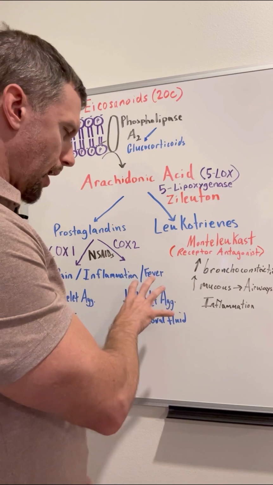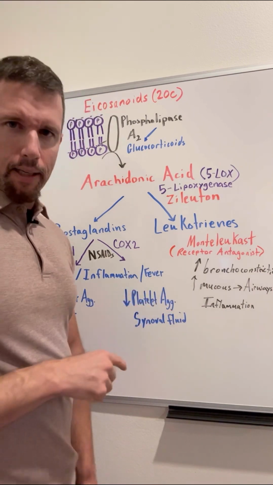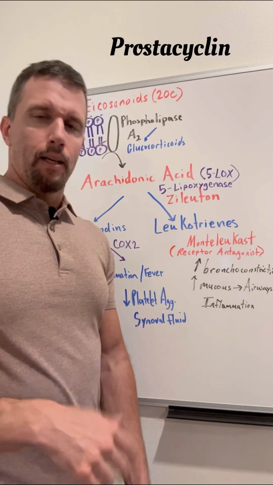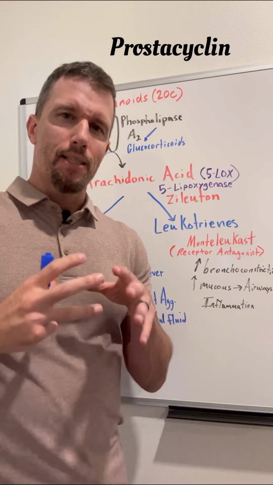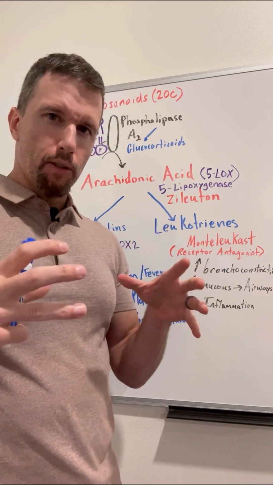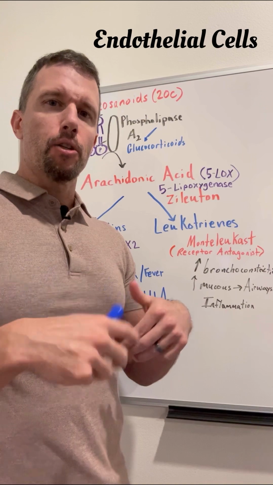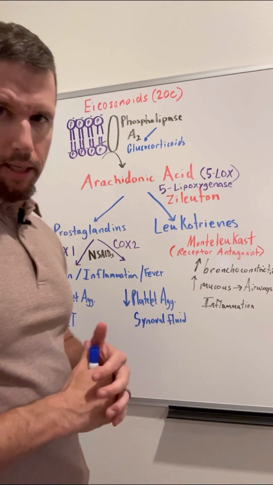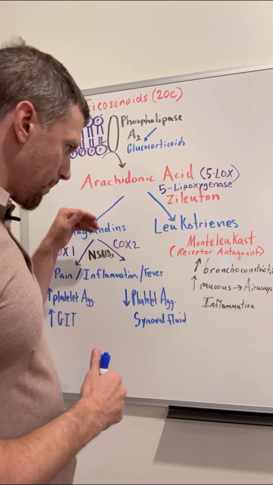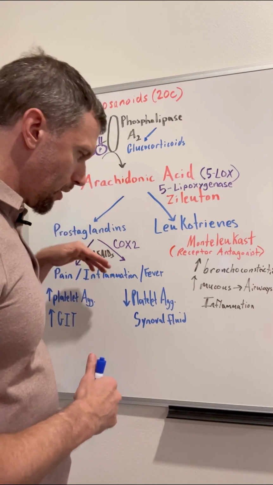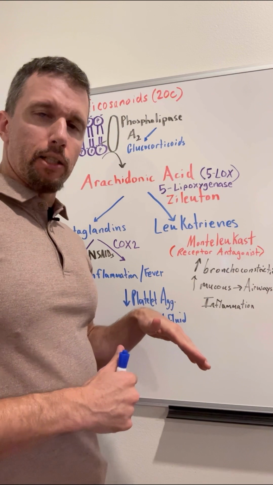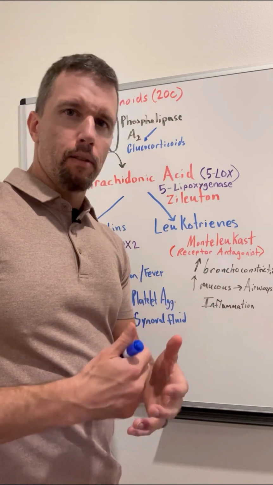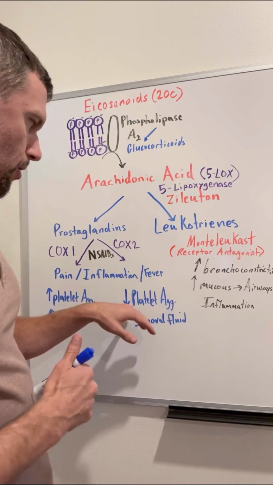The COX-2 side, there's a specific prostaglandin called prostacyclin, and it's actually secreted for the most part by the cells that line our blood vessels, called endothelial cells. They'll secrete prostacyclin, and it decreases platelet aggregation. So if the COX-2 enzyme acts on arachidonic acid, it will decrease platelet aggregation, get you further away from a blood clot. So that's on the COX-2 side.